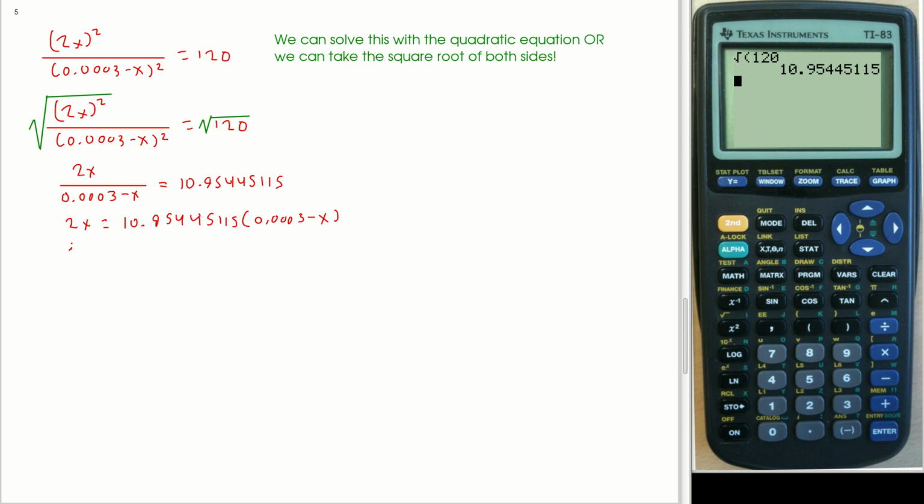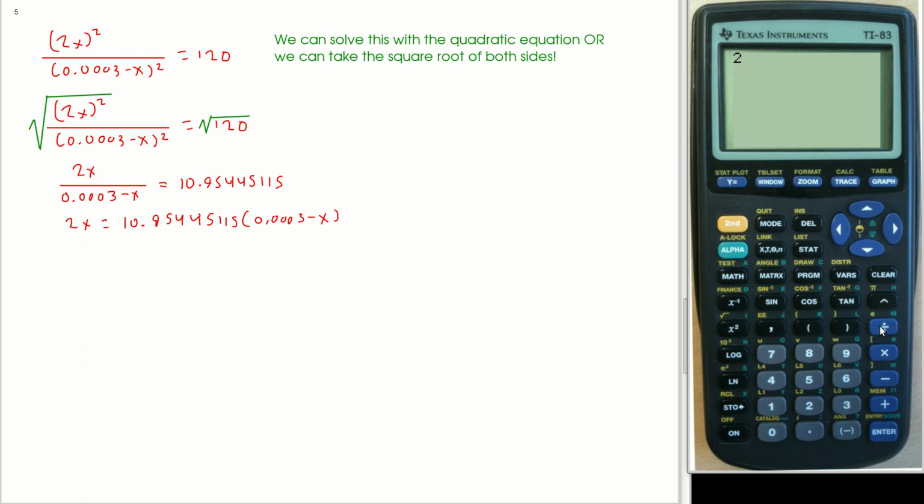Now, the interesting thing here is that instead of distributing this all right now, I might want to just go ahead and divide both sides by this 10 term. So that will give me 2, oops, and looks like the calculator's malfunctioning, so just give me a second here to fix it. So I've got the calculator sorted out, I think.